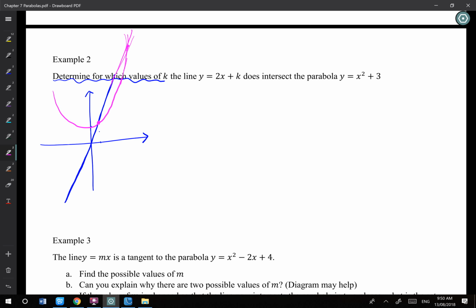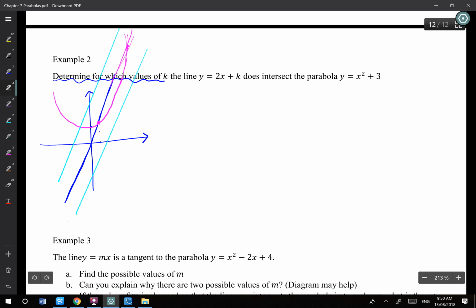So let's think about when it won't intersect. If I draw a parallel line here, there's no intersection. But if I keep moving up, there will be an intersection.